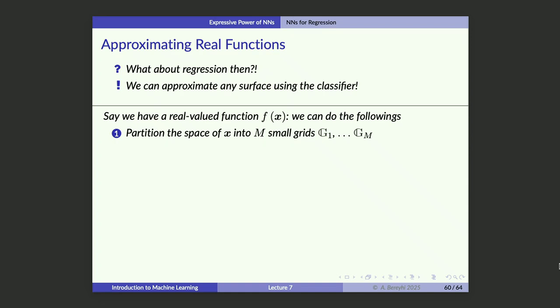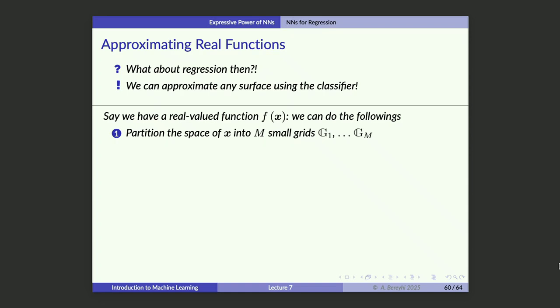Now, this is the next grid. The average value is, for instance, here. So I'm going to take this one. This is the next grid. So the average value is here. And I am going to approximate this function with these grid values. Now, if I increase the number of grids, that is going to be as close as possible to that function, right? So I can approximate that function very well.